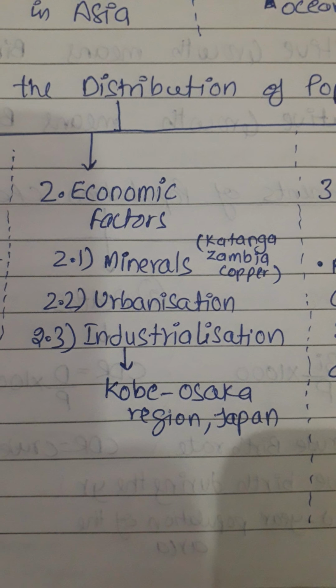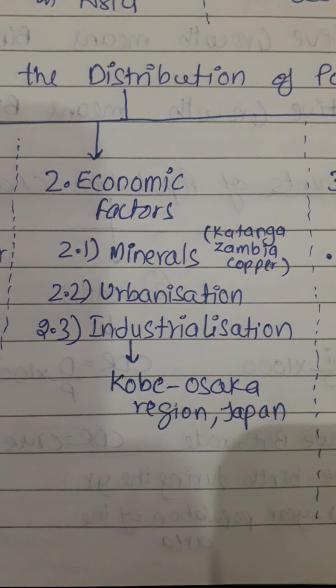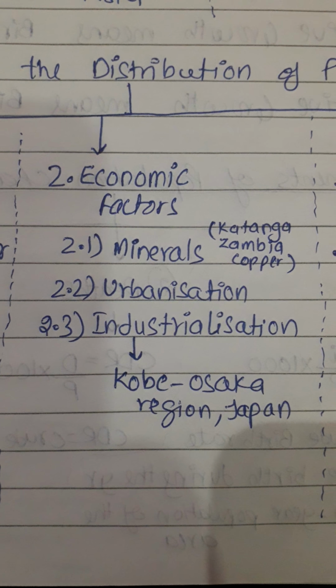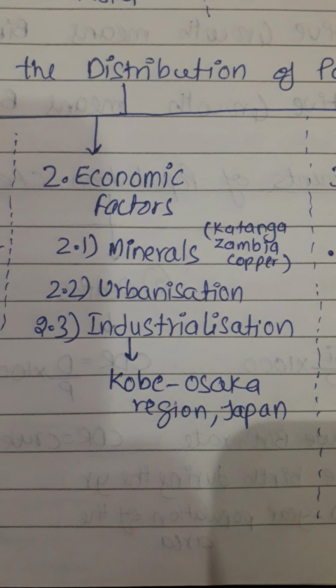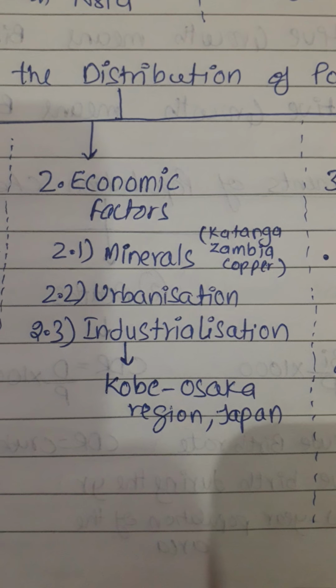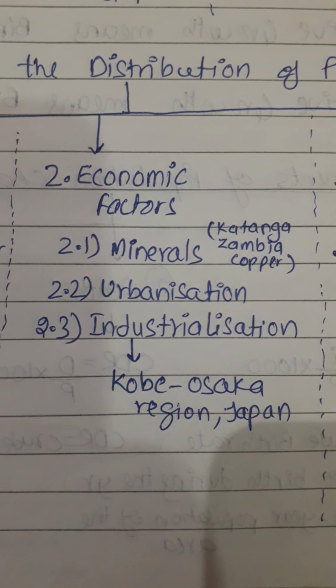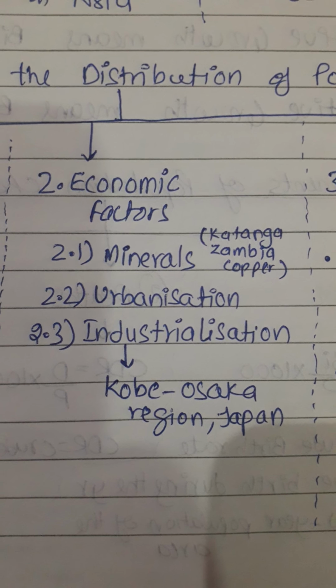Next is economic factors. Economic factors also have some subsets: minerals, urbanization, industrialization. First, minerals. It's not just the soil that makes an area have more population density.